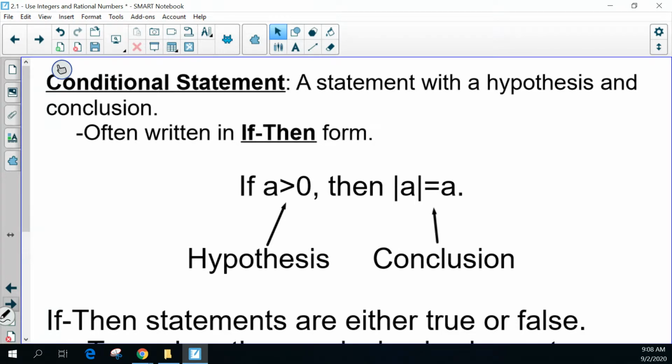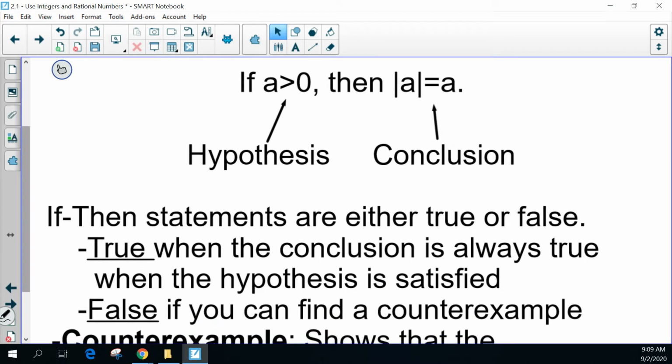A lot of times you have to pay attention to whether the statement fits with the hypothesis, and if it does fit with the hypothesis, what conclusion does that mean? And if-then statements are either true or false. There's no but or maybe or gray area. If it's true, that means the conclusion is always true when the hypothesis was satisfied.